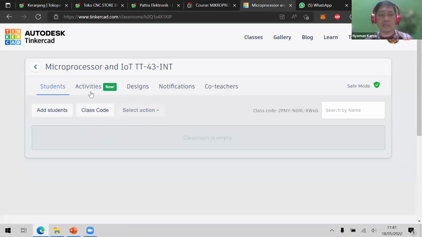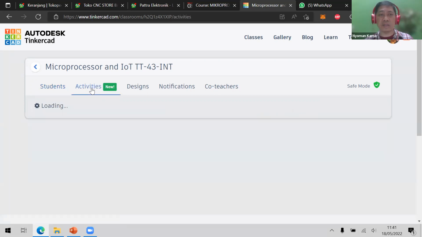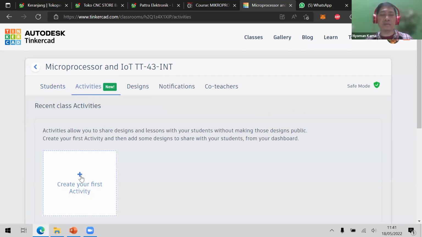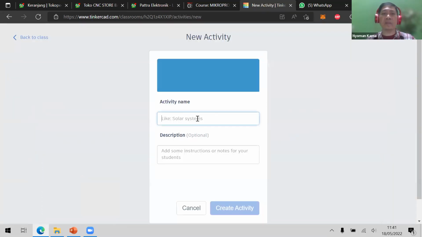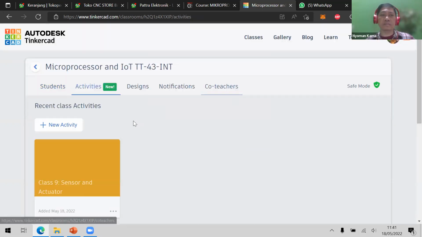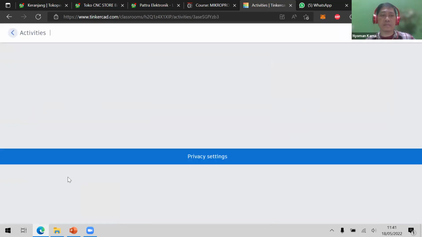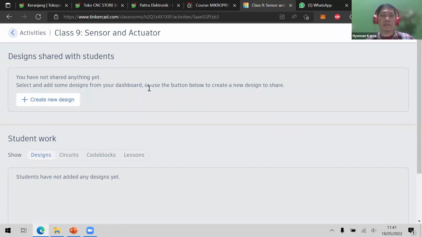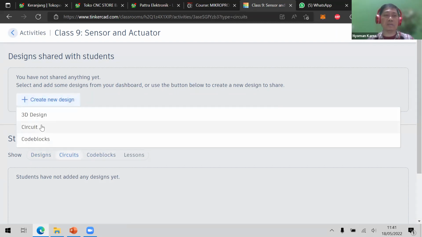This is our class, and then I'm going to create an activity in here: Sensor and Actuator, this is class number 9. Okay, I'm going to create a new circuit.